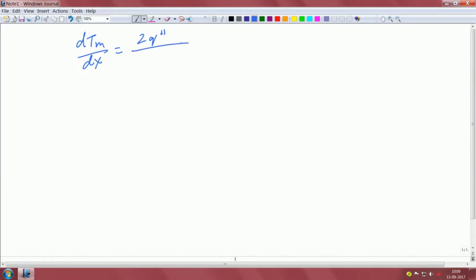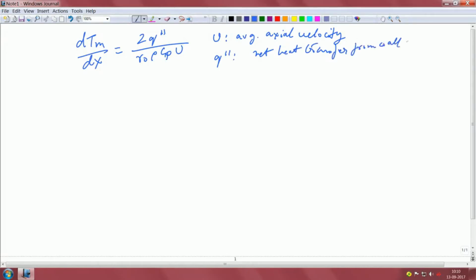If you look at the presentation, R naught rho Cp into U, where U was the average axial velocity, correct, okay, and Q double prime was the net heat transfer from wall to the fluid. That was a concept that we developed.